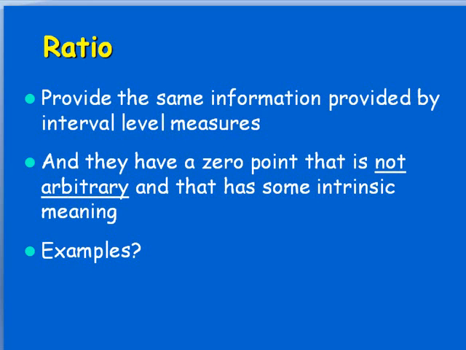The way I always test for ratio is that ratio reminds me of a fraction, and you can always say, well, it's possible that somebody's been married twice as many times as another person. Count variables, which is number of marriages, are always ratio.